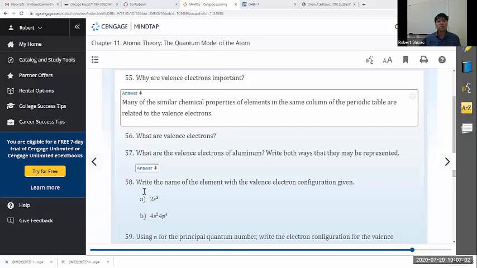It has 3 valence electrons, and so we could represent it as symbols or whatever else. So aluminum here has 3 valence electrons, 1, 2, 3.